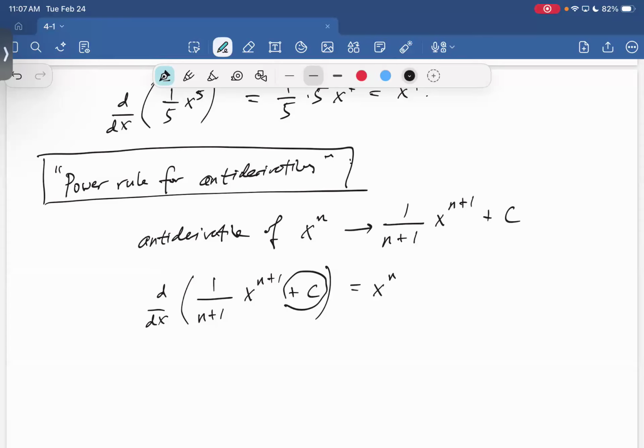So when we take the inverse of the derivative, there are an infinite number of solutions. That's why we need this plus c. If you don't have this plus c, you will lose some points. So remember, anytime you do an antiderivative, you always add plus c, because the answer remains the same even if you add an additive constant.